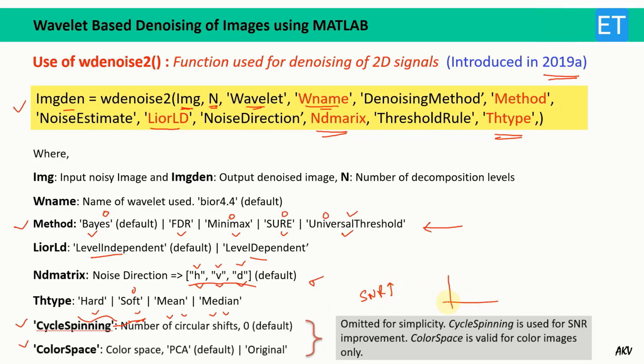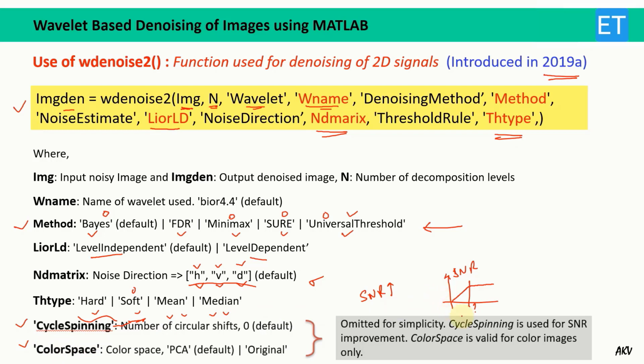For some shifting there is an improvement, but after that it becomes constant. So you need to try up to what number of cycle spinning you get improvement in SNR. Obviously, by doing the circular shift, a lot of computation is required, so generally we omit it. And then the last one is the color space.